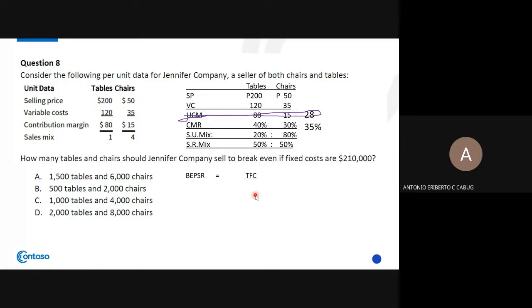We can arrive at the break-even point in sales revenue instead. Total fixed cost over weighted average CMR. $210,000 divided by 35%. That would give you $600,000.